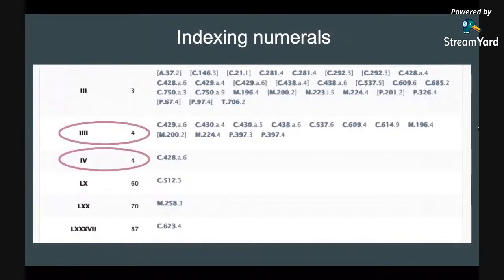And here there is the index of numerals, and you can see that it could be useful, for example, to notice how the same numeral has been written in different ways. For example, the 4 had been written differently: in the majority of the cases with 4 vertical bars, but in one case in the usual form that you are used to seeing it.